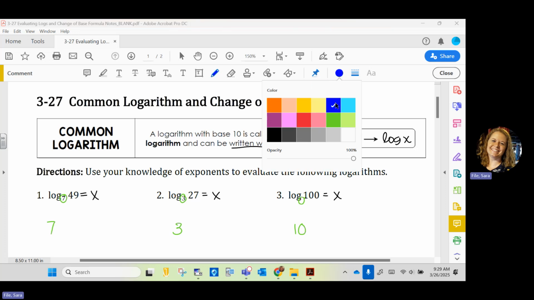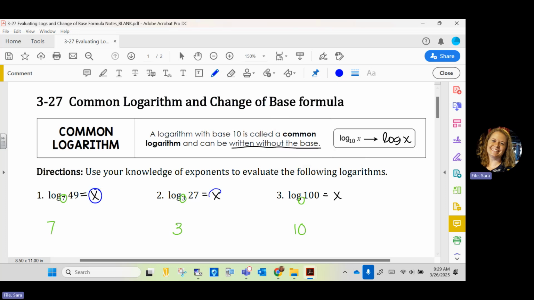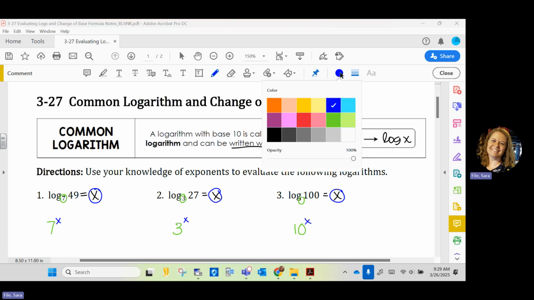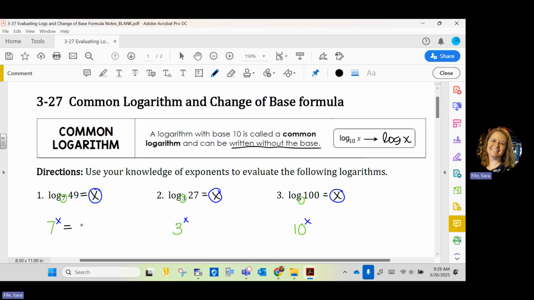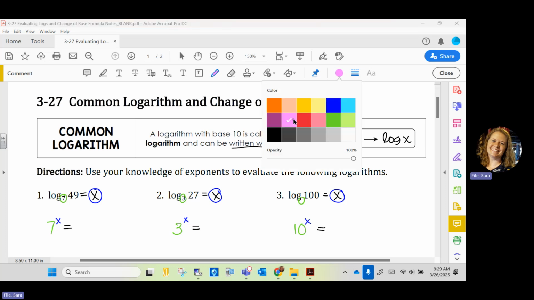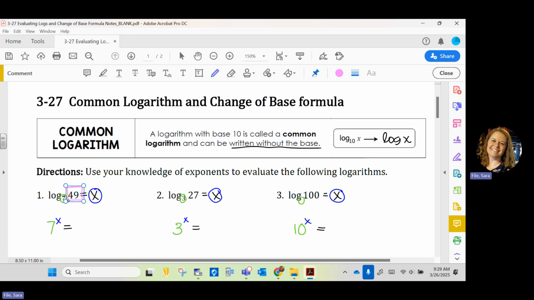And then we said it's raised to the power of whatever it's set equal to. In this case, that's what's missing. We don't know the power. We're asking ourselves, to what power? And then it is going to equal what you were taking the log of.